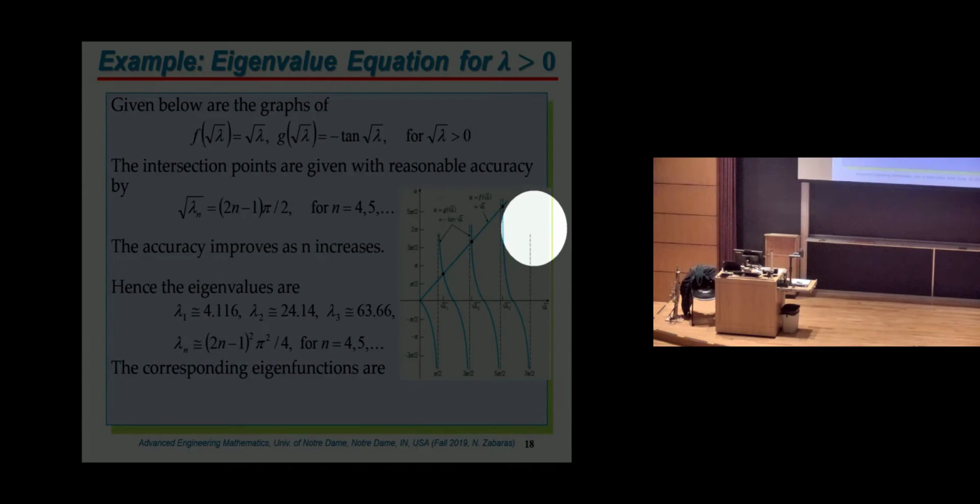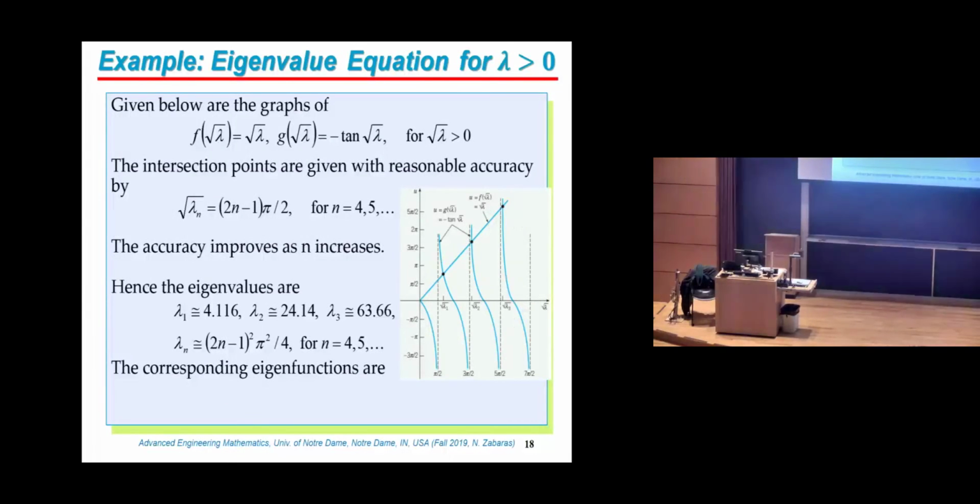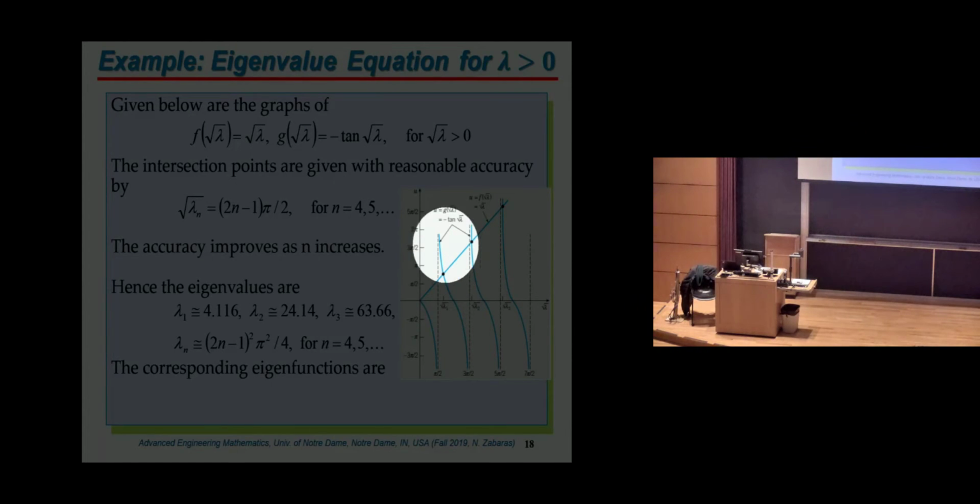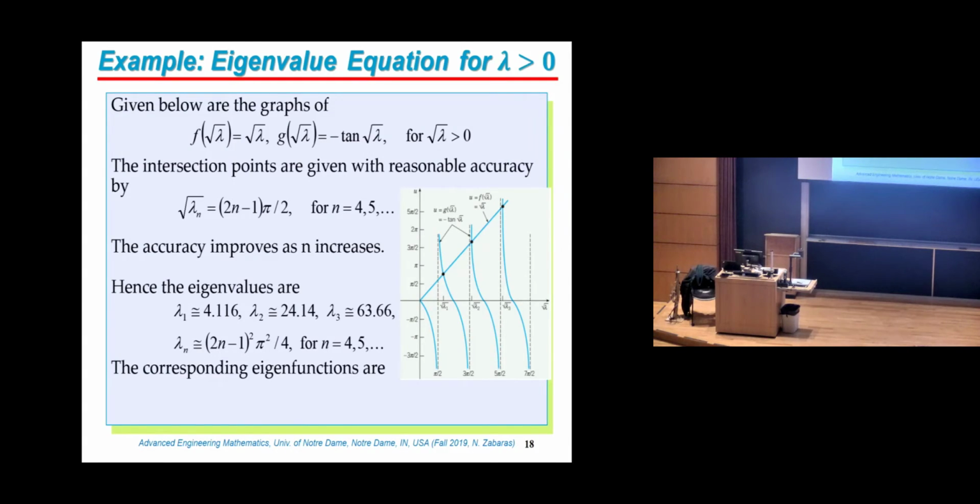And you can see here, somewhere up there, that the value is close to 7 pi over 2. I'm saying this formula can also be used for approximation of the earlier values, but for n equal to 1, it's not very good yet. For n equal 2, it gets a little bit better. N equal 3, much better. So for n equal 4, you can trust that this formula is the correct formula.